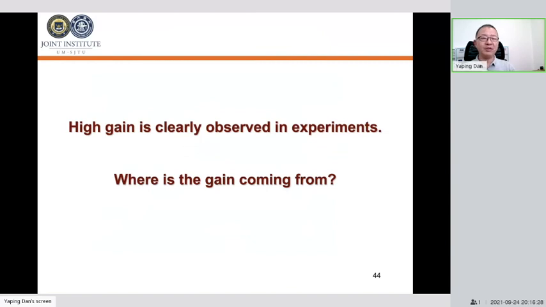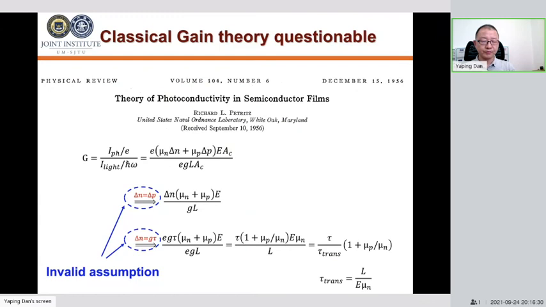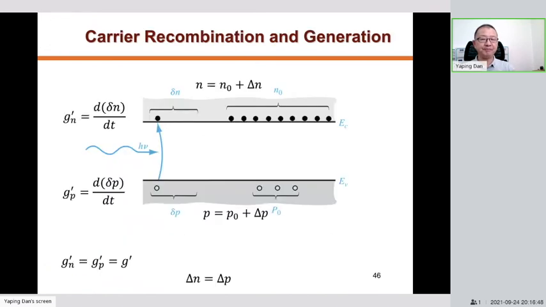Due to limited time, I'll give you a very short conclusion. The conclusion is that the second assumption, delta n equal to delta p, is also not valid for a real device. Why? Let me give you an example. Previously we thought about a semiconductor with light illuminating on it.